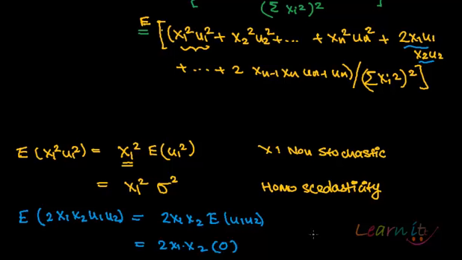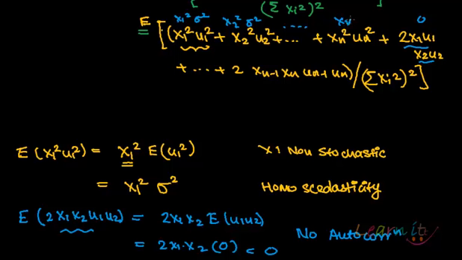Why 0? Because of the assumption of no autocorrelation. So all of such terms are basically 0. And all of these terms are basically x1 square sigma square, x2 square sigma square, and so on to xn square sigma square, and all of these terms are 0.